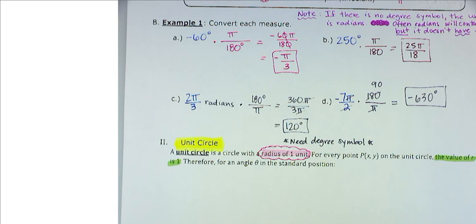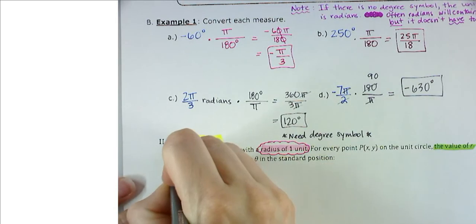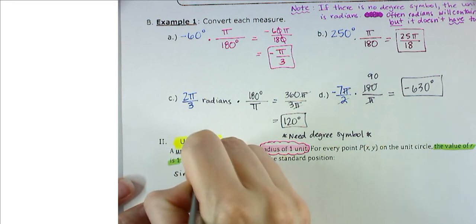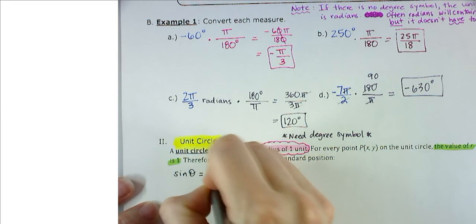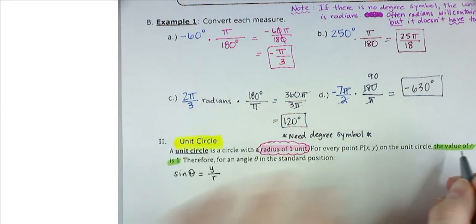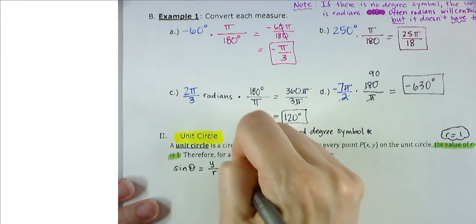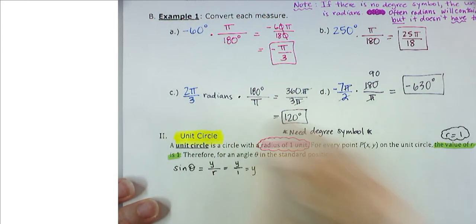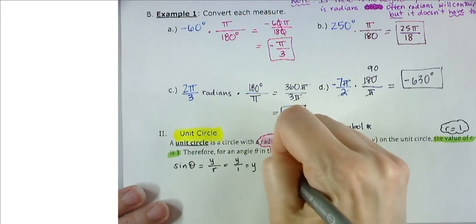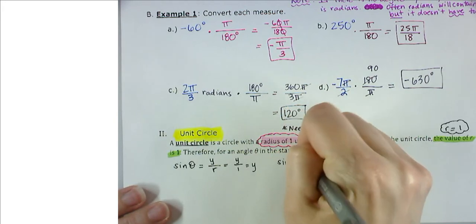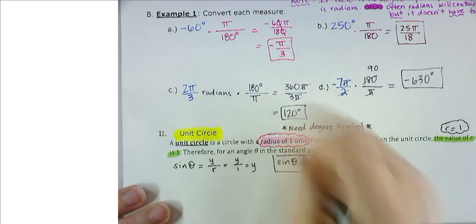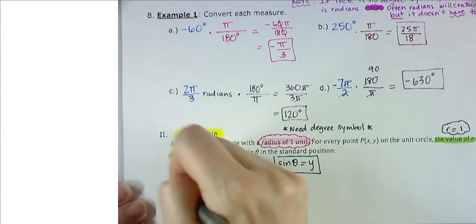But if the value of r is 1, if I plug in 1 here, I have y over 1, which is just y. What that means is the sine of theta is equal to y. For the cosine of theta, remember that that was x over r. So if I have x over 1, that would be x. So we can say the cosine of theta is equal to x here.